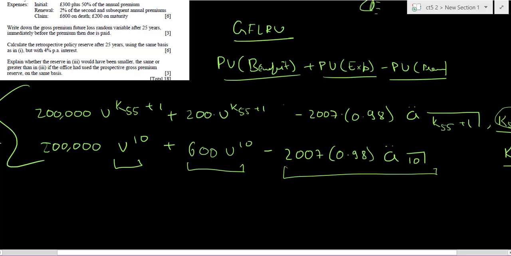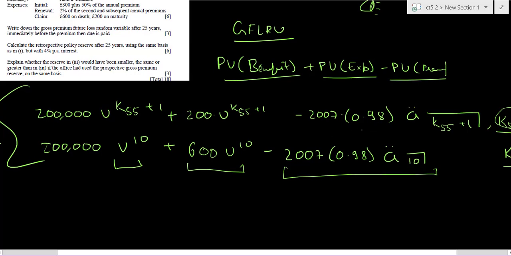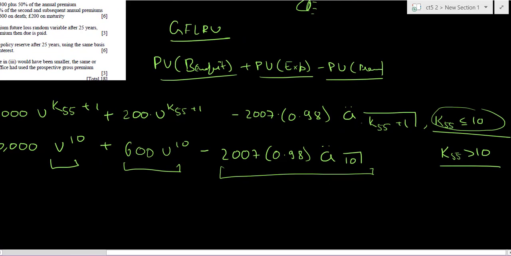Now I need to deduct the premium. The premium is 2007, but then I have to add the expense for the renewal expense as well. So I'm just deducting 2% here itself, so taking 0.98, and this would be multiplied with a factor of a due K55 plus 1, because the number of premiums would be one more than the current lifetime, as we always see. This is very intuitive.